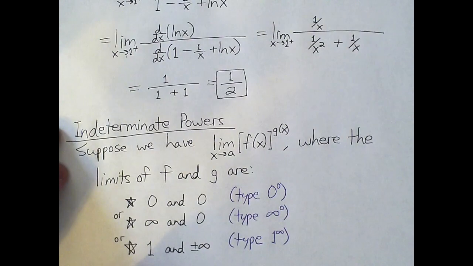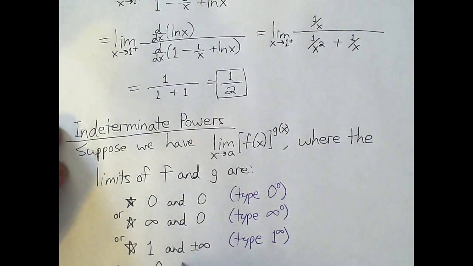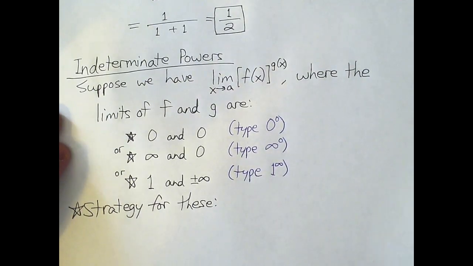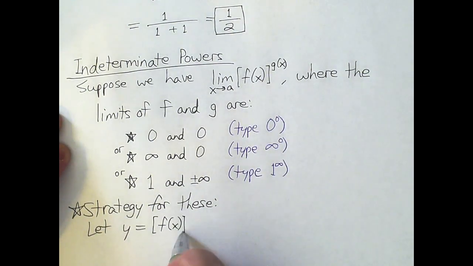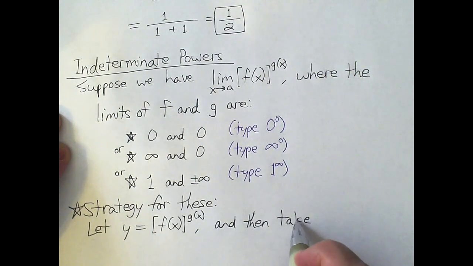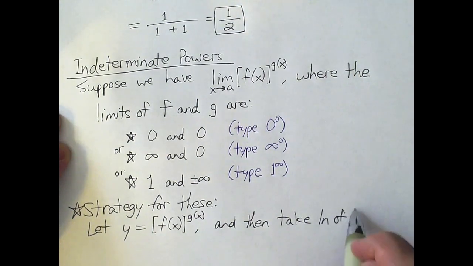The strategy for these is we let y equal this f of x raised to the g of x, and then take ln of both sides.